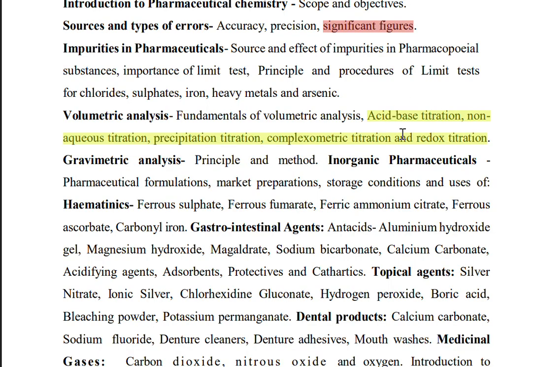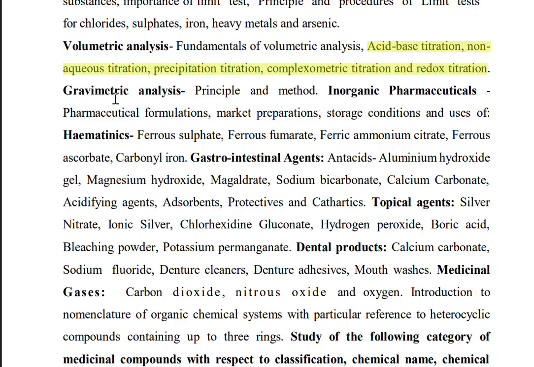In this section, we have to focus on the indicators, such as internal indicators, external indicators or self indicators. So the graph mode, which shifted log p values. We have to focus on that in acid-base titration, aqueous titration, and precipitation titration. And then gravimetric analysis, the principle and method. Generally, we have to read gravimetric analysis at the surface level.